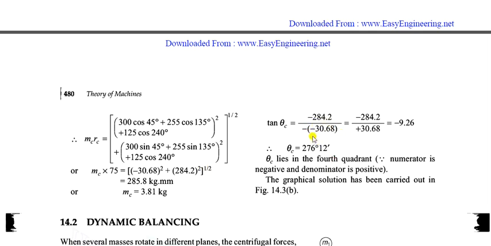Oh sorry, this was positive and this was negative. But we already have one minus, so it is making minus this, plus. If you know tan theta is equal to y by x, that means minus y, plus x. So minus 9.26.